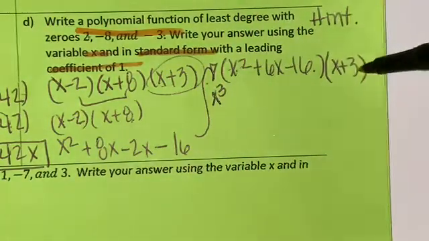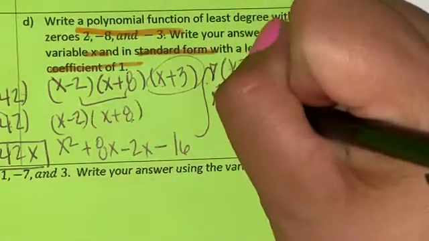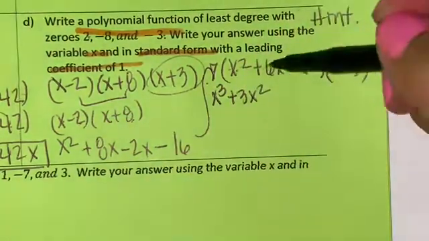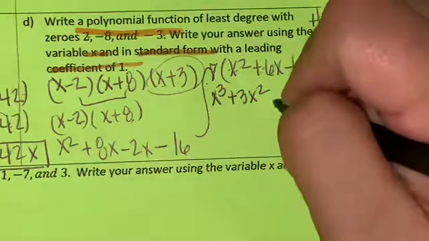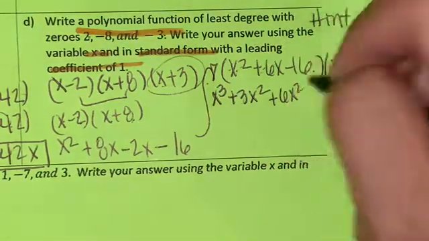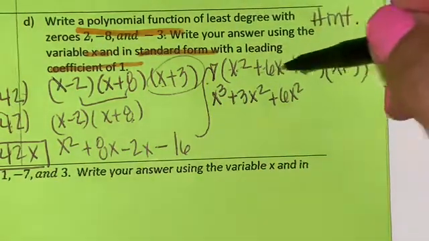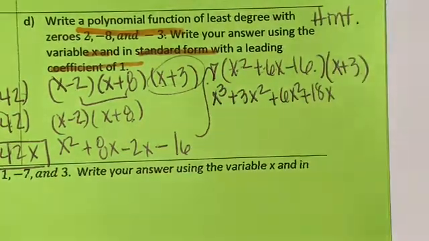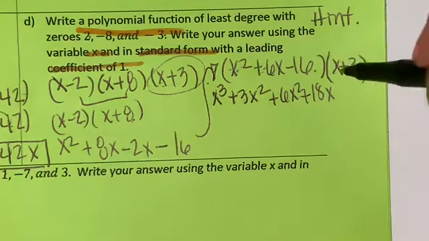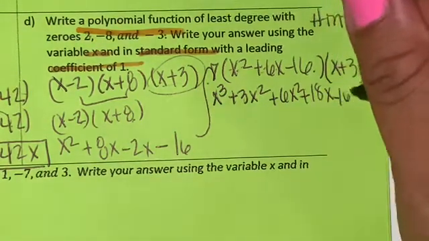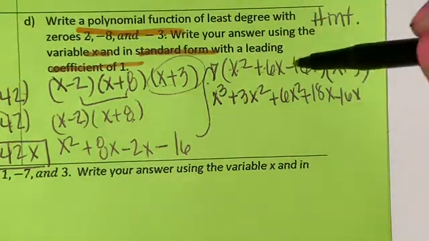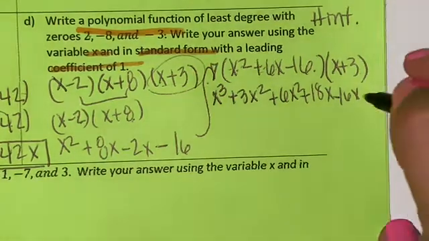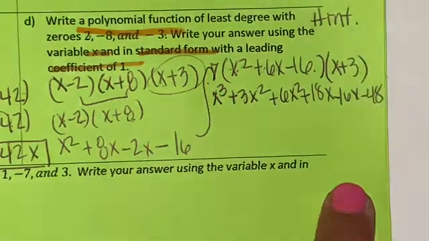X squared times 3 is plus 3x squared. 6x times x is plus 6x squared. 6x times 3 is plus 18x. Negative 16 times x is negative 16x. Negative 16 times 3 is going to be negative 48.